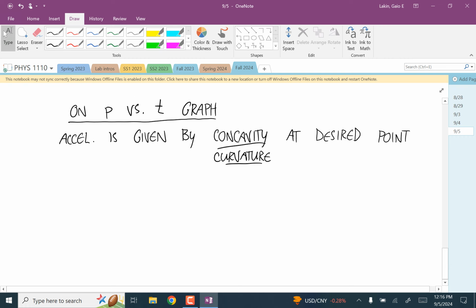What that means is if at the point you're looking at, the curve is part of a shape like this, that's a positive acceleration.